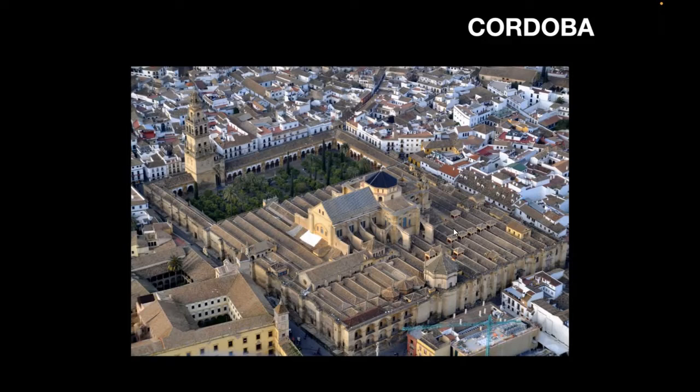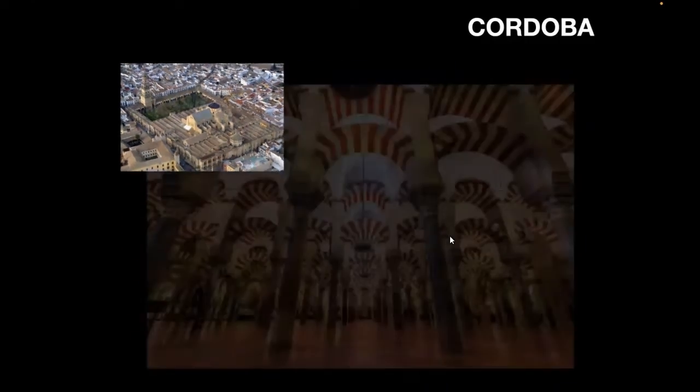Now, the main important structure we're going to see here in Cordoba is the Mezquita. The mosque cathedral that we're seeing here is quite a big structure. Mezquita is again from an Arabic word, mesquid or masjid, which means mosque, and that's one of the Arabic words that passed into Spanish as mezquita, which also today means mosque.